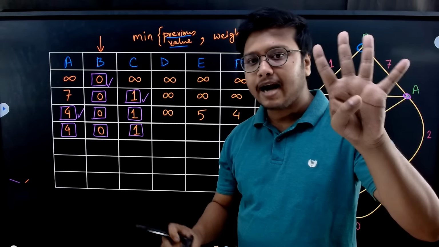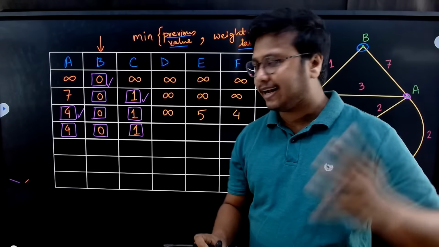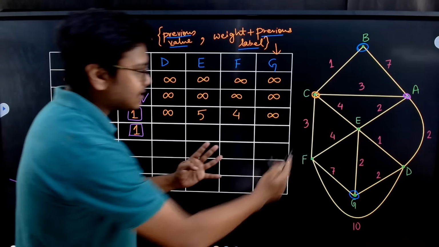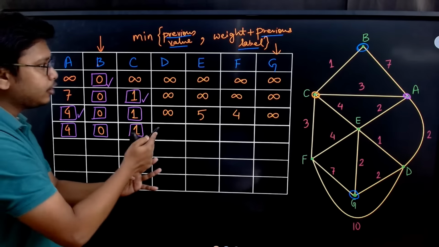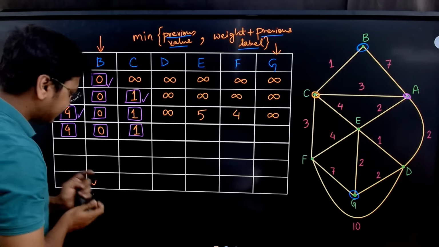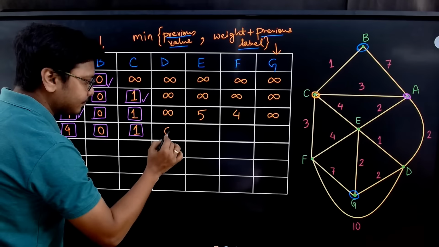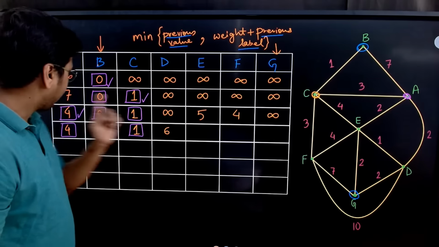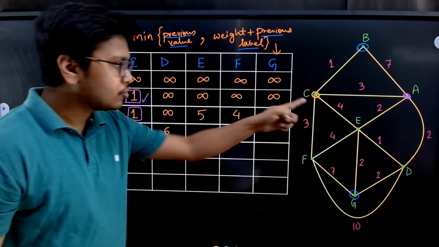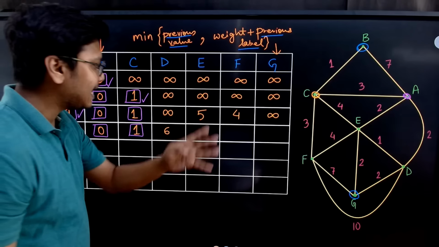Whatever is the weight, add this 4 with it, so you will not forget. So the previous label is 4. 4 plus, we are going from A to D. From A to D, the weight is 2. So 4 plus 2, that's how much? That's simply 6. Then again, from A to E, the weight is 2. So 2 plus 4, that's 6.